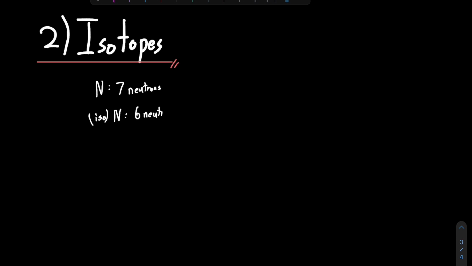This would be an example. This nitrogen with 6 neutrons would be an example of an isotope of nitrogen. And these isotopes are a very small quantity. So these isotopes aren't very common, normally speaking.